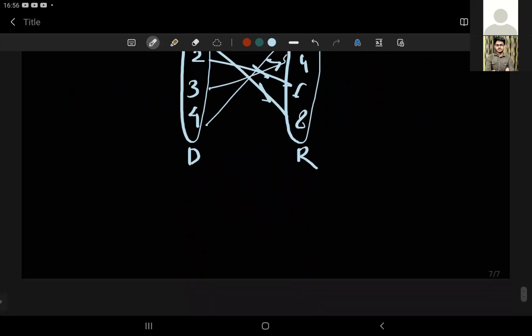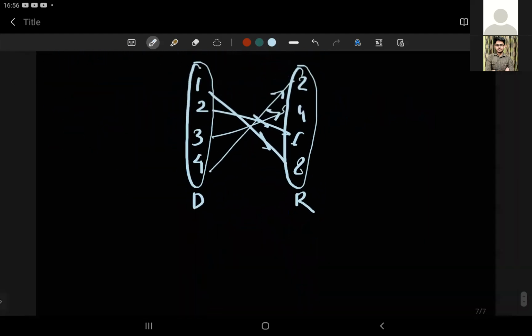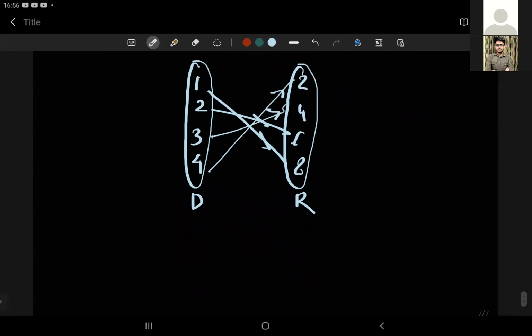Now, if we move on to the types of relation, there are a total of 4 types of relation, and one is basically a mixture of everything.